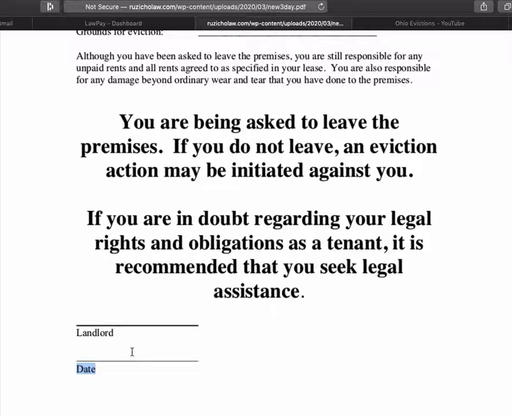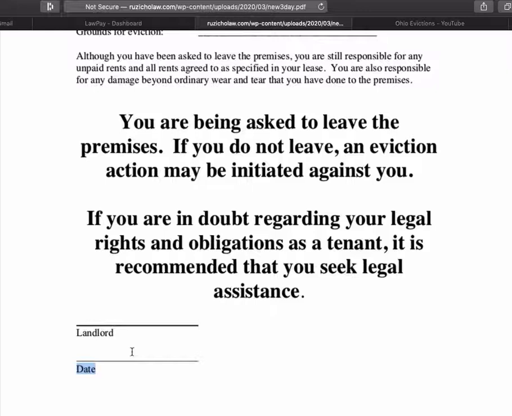I don't recommend sending the notice via certified mail because the tenant will probably never sign for it. I don't recommend sending the notice by ordinary mail unless you have posted the notice on the door and you just want to send the notice via ordinary mail as well, but that could create its own set of problems.